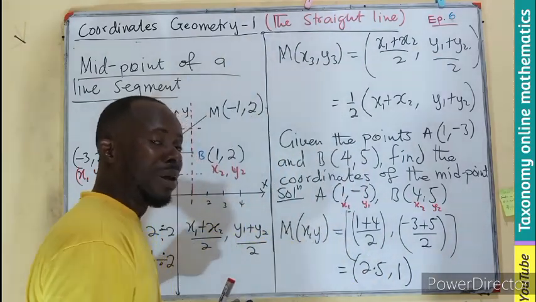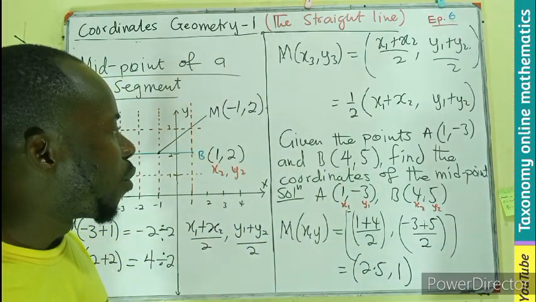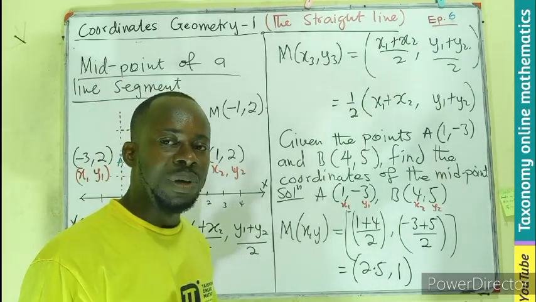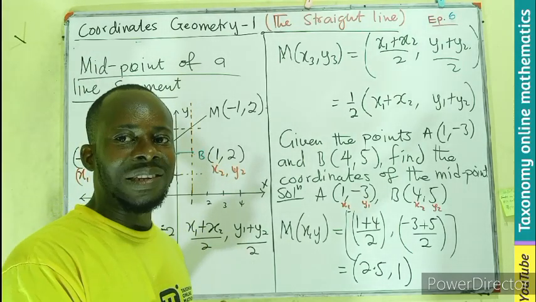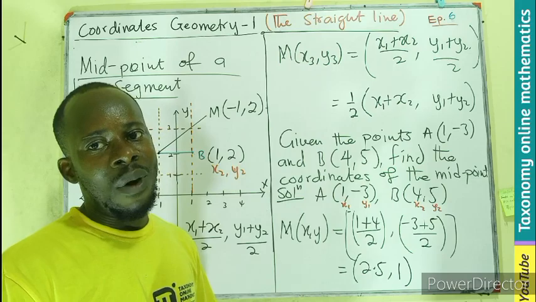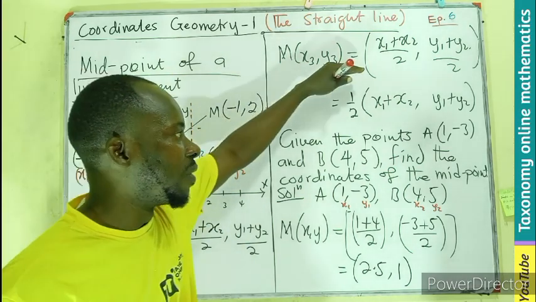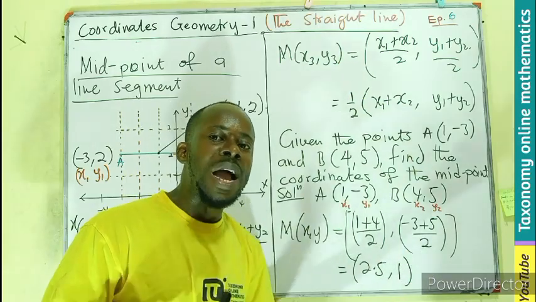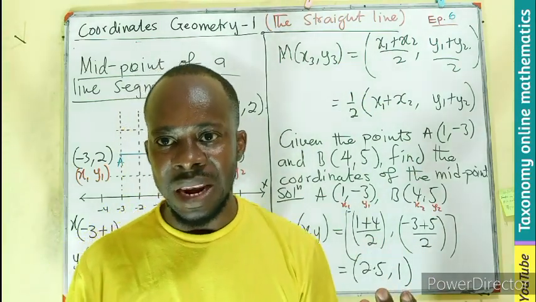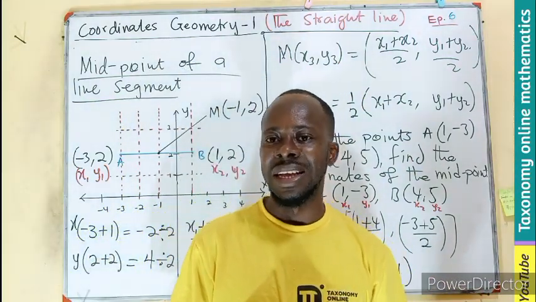So the coordinate of the midpoint that join the point A and B will just be 2.5 on the x-axis, 1 on the y-axis. So I'm sure the idea from here translated into the formula help us to be able to find midpoint of any given line. I guess the concept is clear.